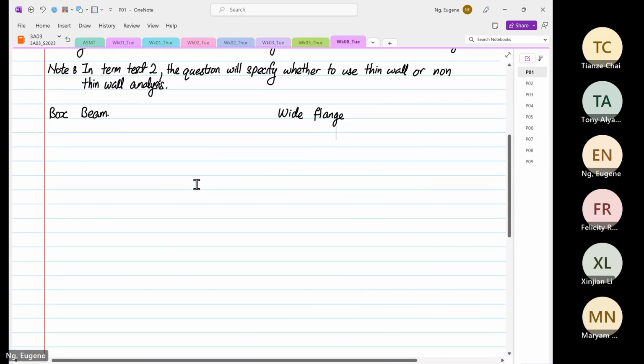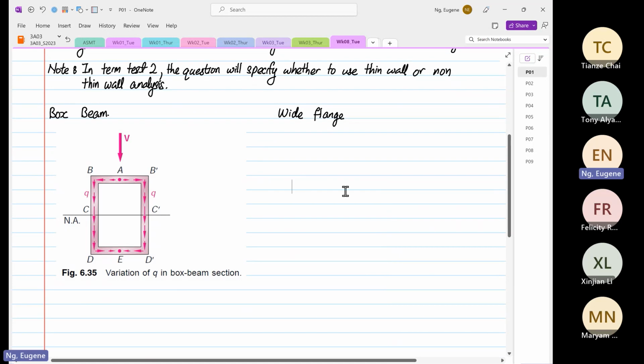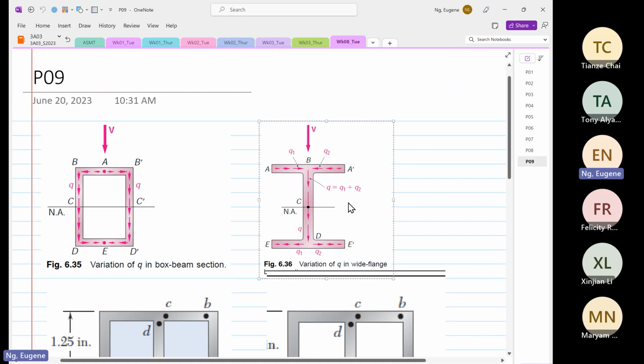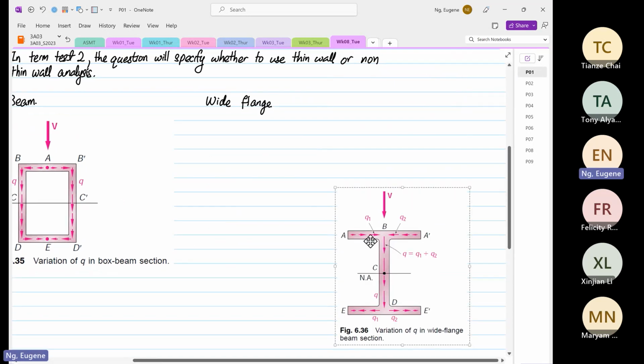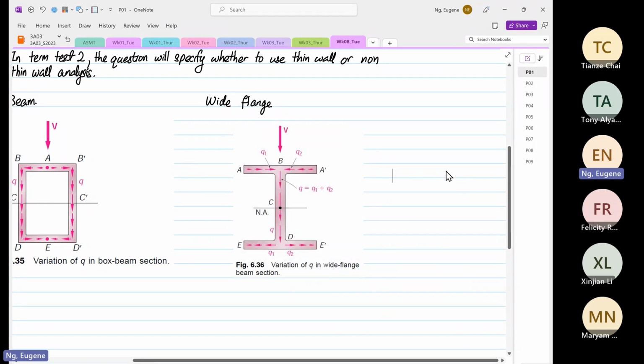As you can see, this is a box beam analysis, and over here, this is a wide flange analysis. 2 very distinctly different structures. Okay, and I'll tell you why it is different.